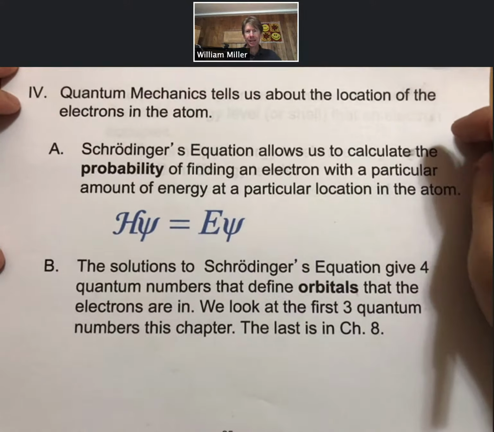And what I'll note here is that each orbital is defined as the volume of space in which there is a 90% probability of finding the electron.